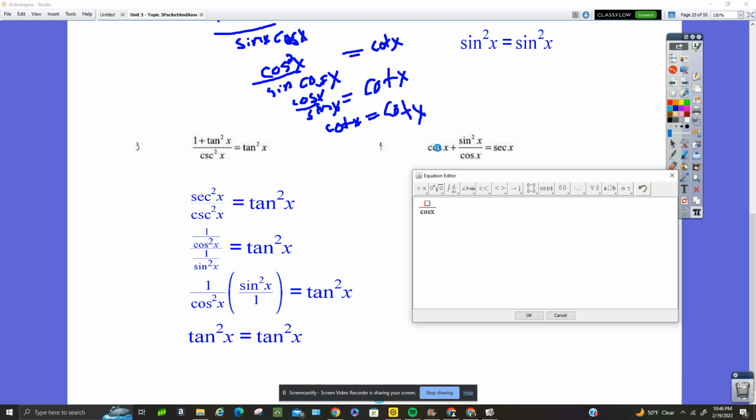So you have to multiply that by cosine x. You get cosine squared. And then plus sine squared over cosine.